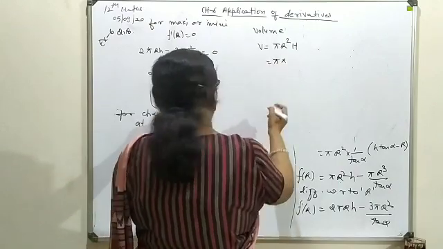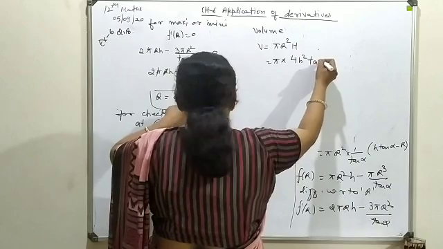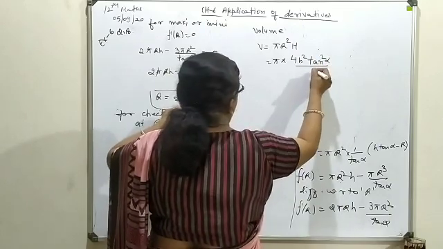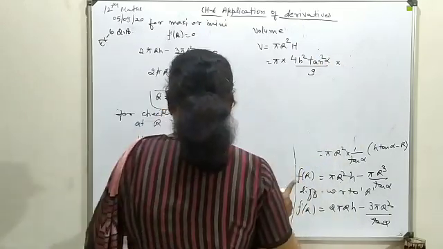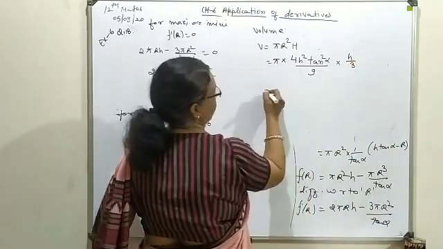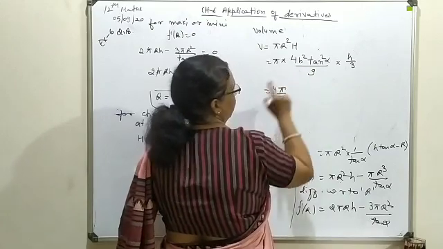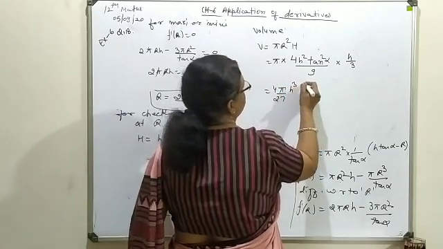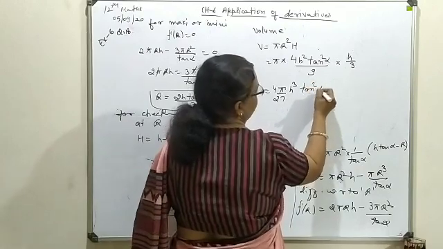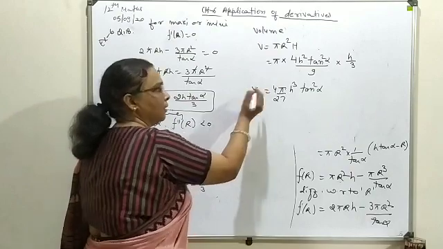R square means 4 H square tan square alpha upon 9, into h, and h was H by 3. Now multiply them, 9 into 3 is 27. This is 4 H cube tan square alpha upon 27. Now this is the only relation we required as V.